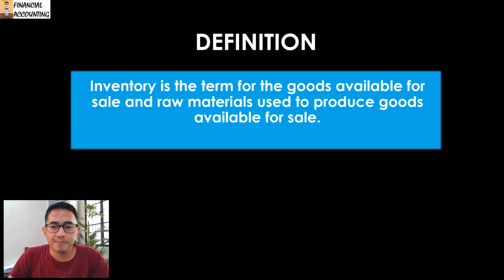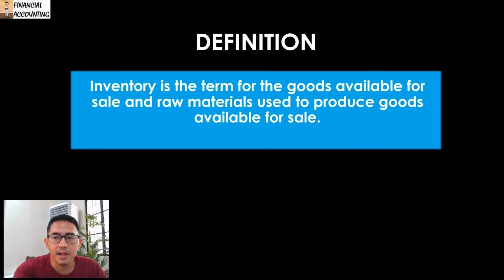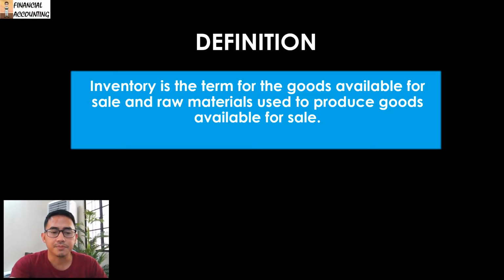In a typical bake shop, inventory would include the finished goods, so the bread on display in the area. It would also include the raw materials used for production of bread, in this case like flour, milk, oil, and so on. In a real estate business, their inventory would include the homes or houses which are built for sale.